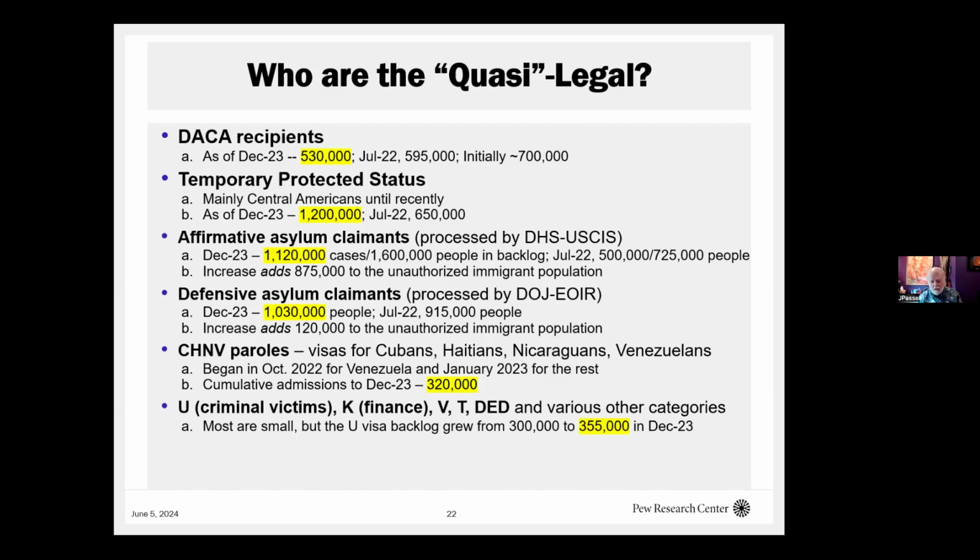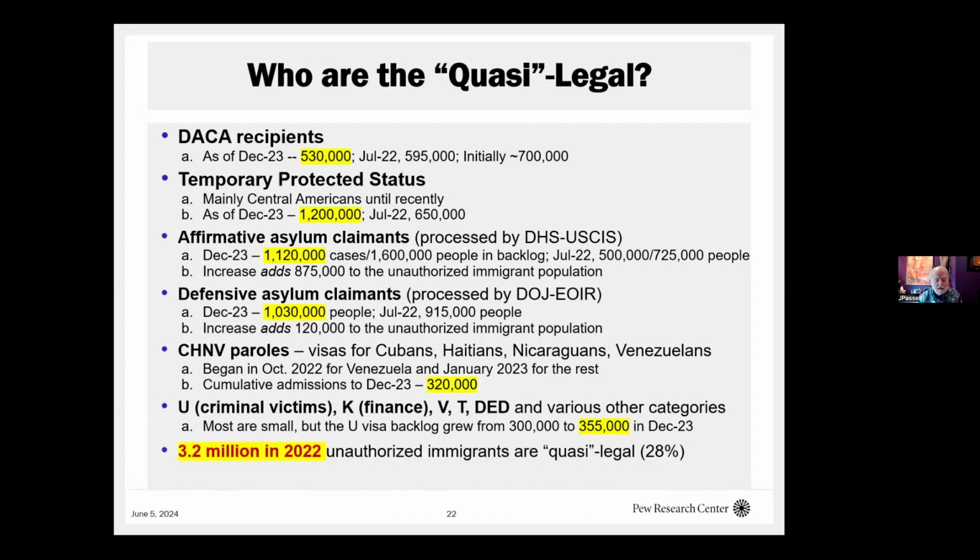And then there's a variety of smaller categories, people who've applied for legal permanent residence, but are waiting for the decisions to be made. Most of these are small, but the U visas for victims of criminal activity, that backlog has grown, and there are about 350,000.